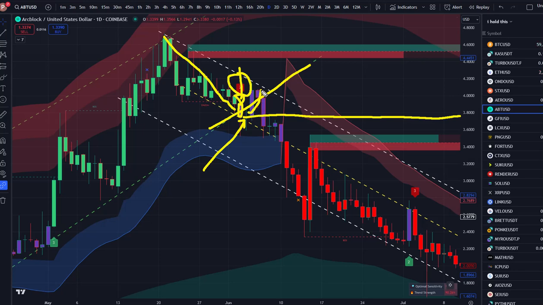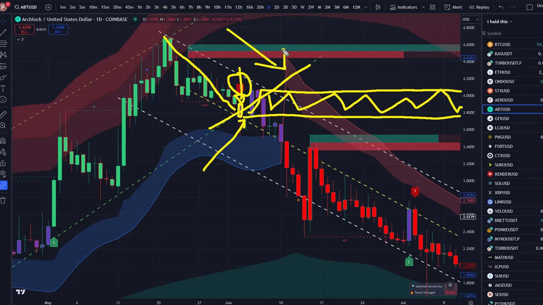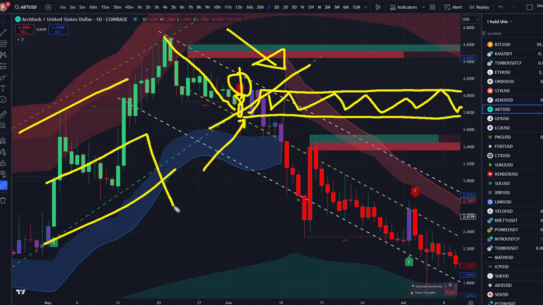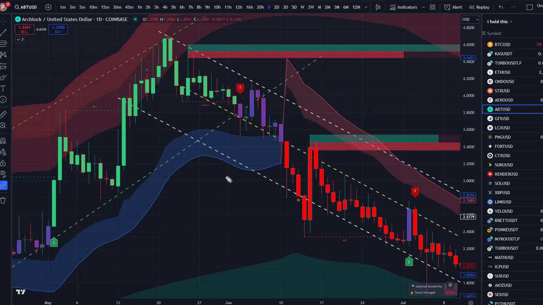ABT comes back up, hits $4 and let's say 5 cents. This is your window to let go of ABT because you know ABT now is going to go on a downtrend. That's your confirmation because an ascending pattern always, not always, but the majority of the time breaks to the downside. That's what the pattern itself tells you.